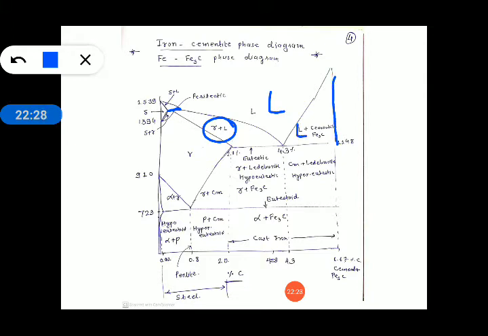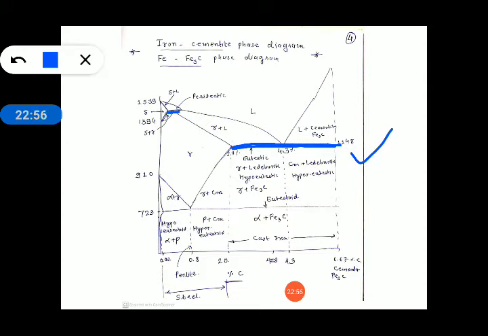So this region is called liquid plus Fe3C, cementite, and this is the line at 1148 degrees centigrade, called the eutectic reaction. This was the peritectic reaction; this is invariant reaction number 2, the eutectic reaction.